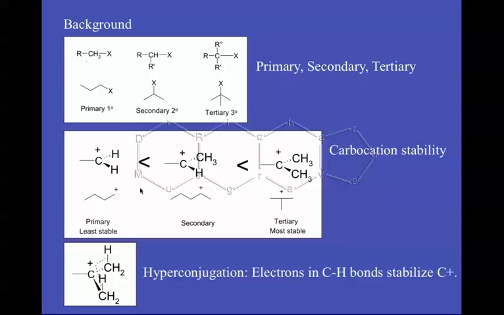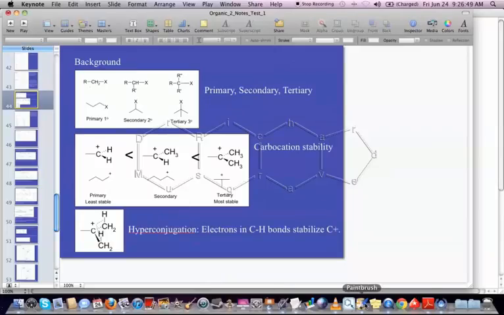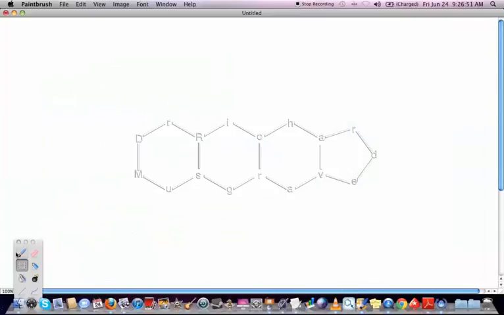Alright, so let's go ahead and take a look at a couple of examples. I'll start off with a secondary alkyl halide, and we'll see what kind of reaction that undergoes. The example I'm going to use will be this one, and we're going to use this as our halide.